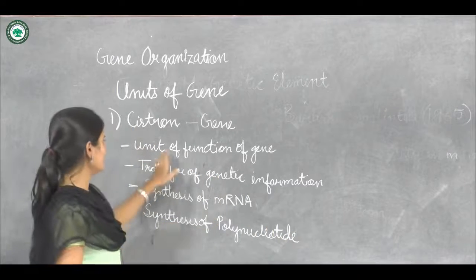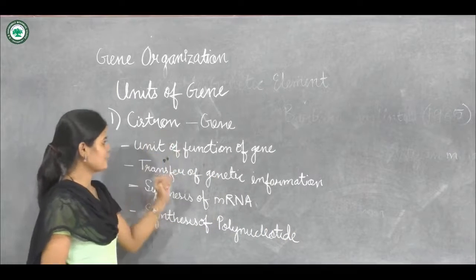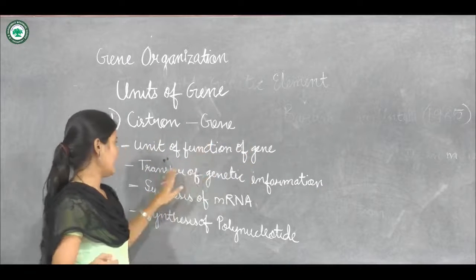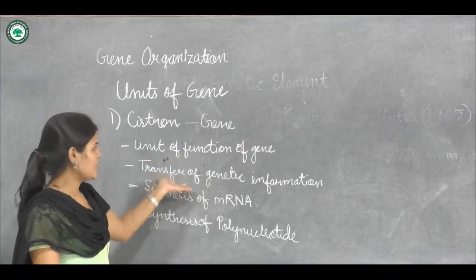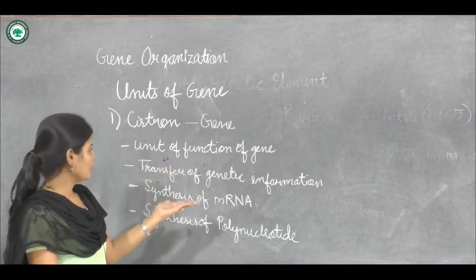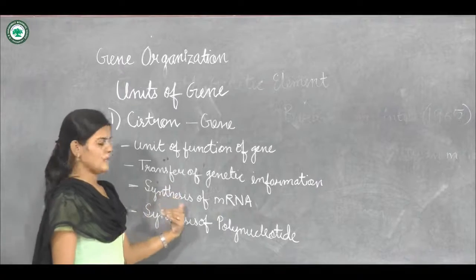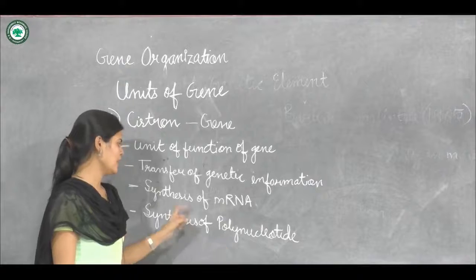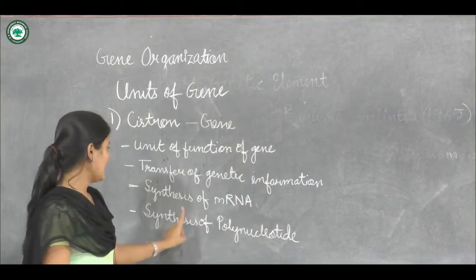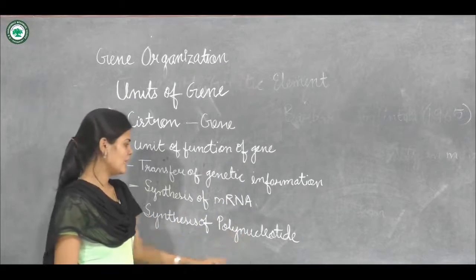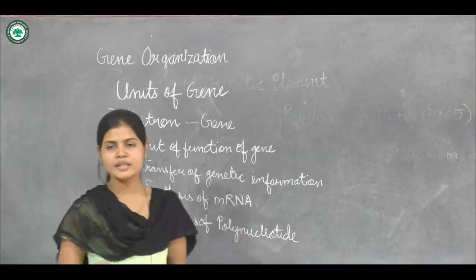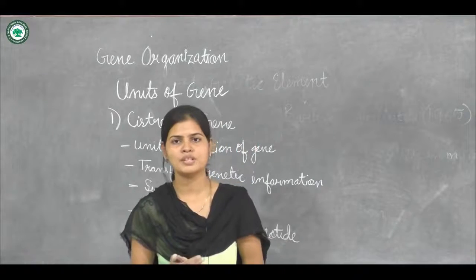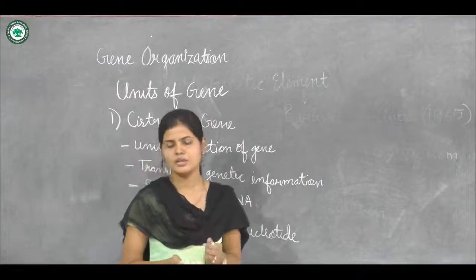So these are the functions of a gene, or we can say cistron. Cistron is a unit of function of a gene, and it will transfer the genetic information from one to the other, that is from the DNA to mRNA or from mRNA to protein. That is synthesis of mRNA and synthesis of the polynucleotide. It is the smallest unit which functions as a transmitter of genetic information.